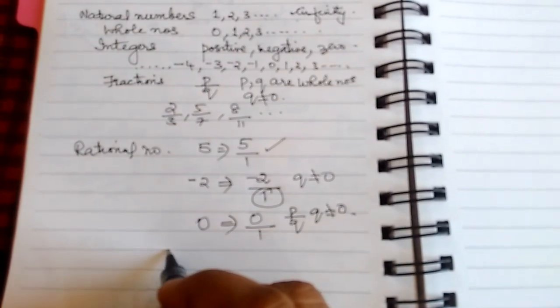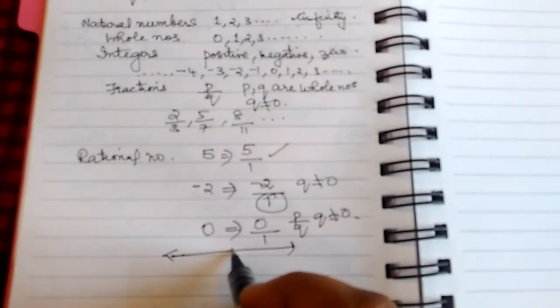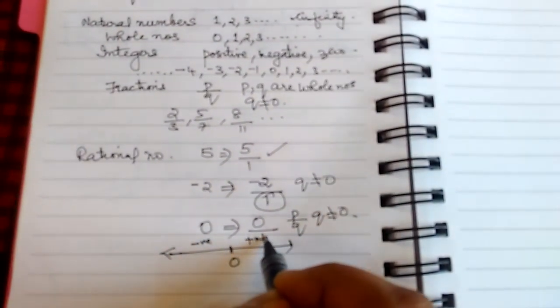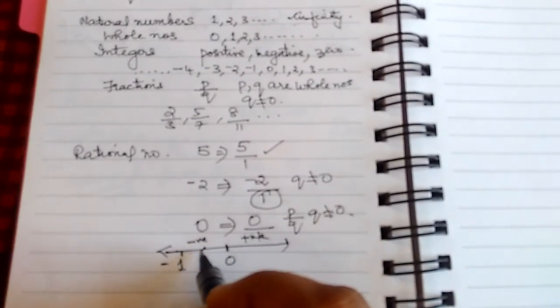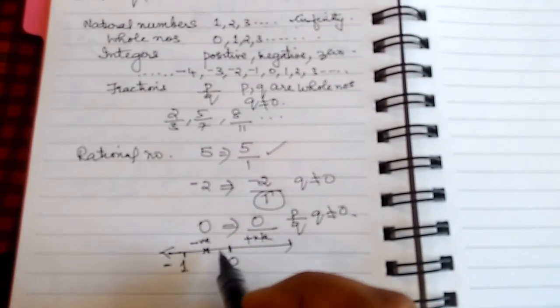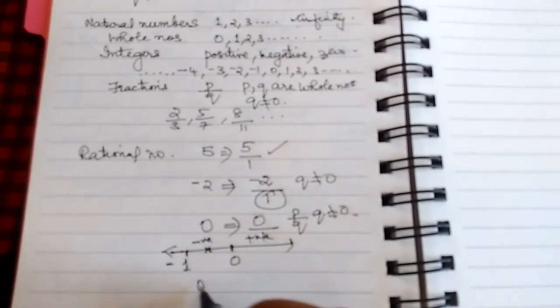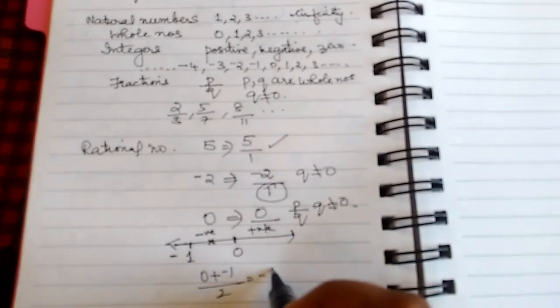Suppose this is your number line, and left of 0 all are negative and right of 0 all are positive. This one is minus 1. If I put a number here in between, how will you mention it? This is between 0 and 1, so it is minus 1 by 2.